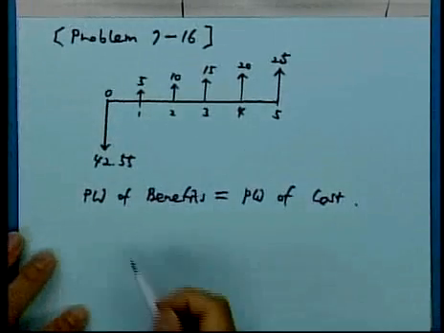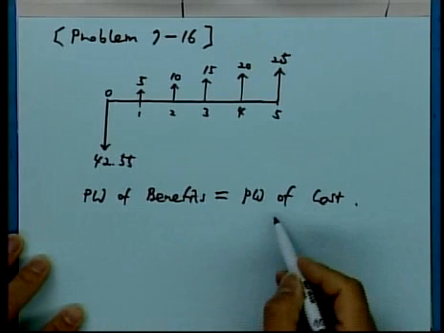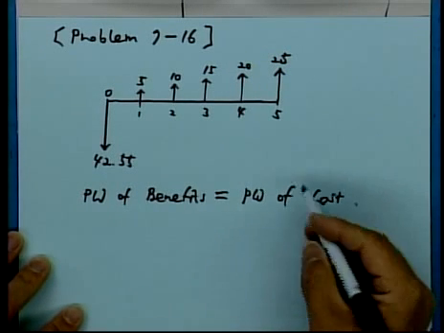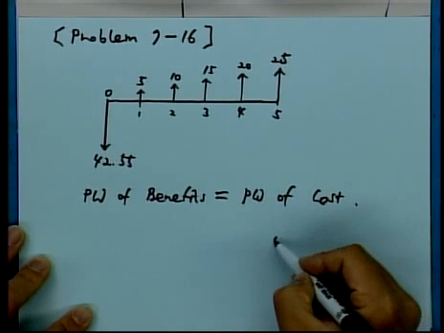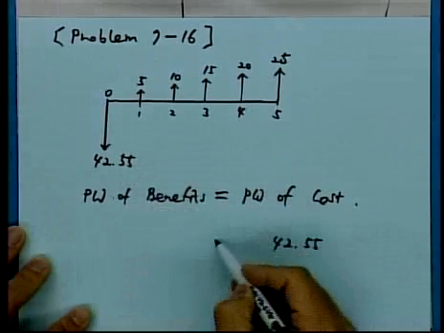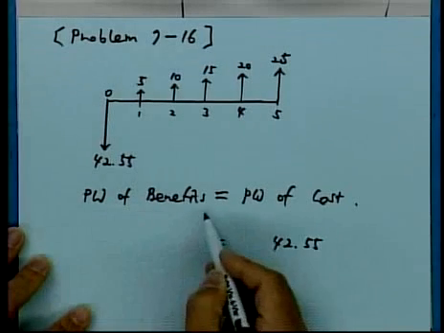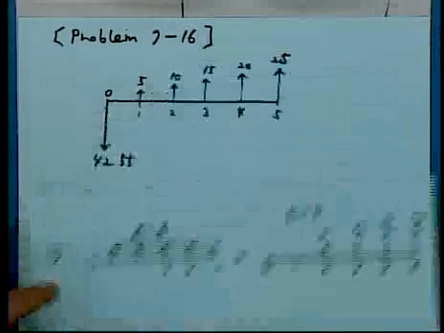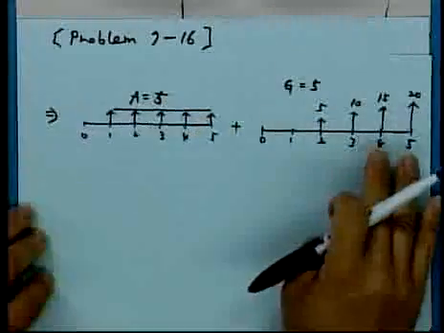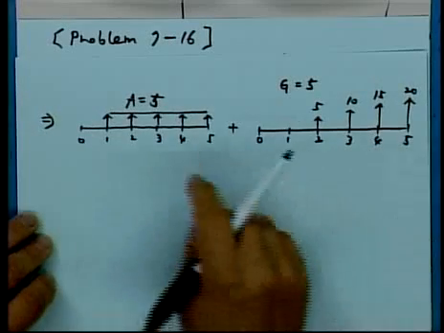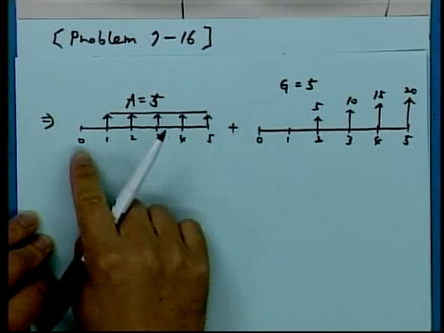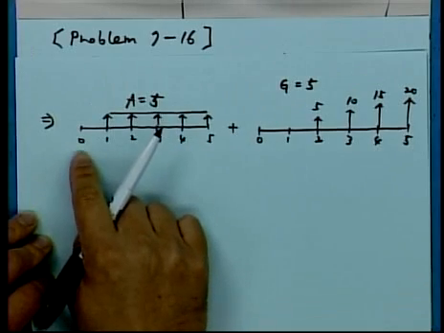So here we are using present worth of cost. How much is that? That is $42.55 from here, right? And how do you get present worth of benefit? These are the benefit, right? So you need to convert this uniform annual series to the equivalent present sum of money.